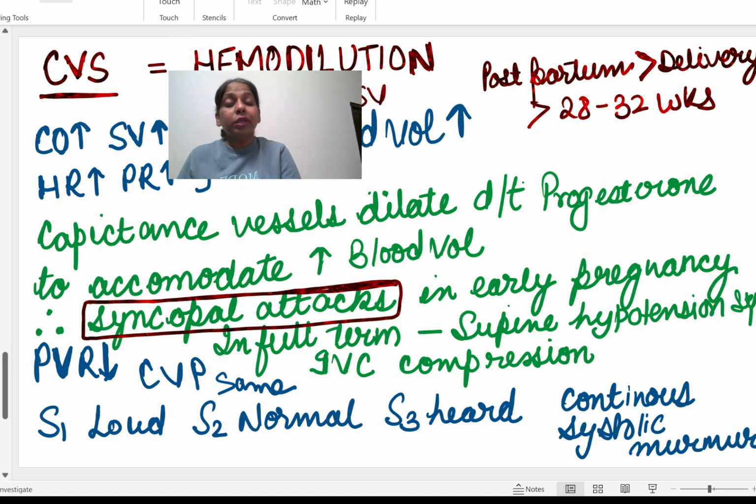So the cardiac output increases a lot, powerful contractions are there in the delivery. And just after the delivery, because the placenta separates, all the blood which was there in the placenta enters the fetal circulation, sorry, the maternal circulation.